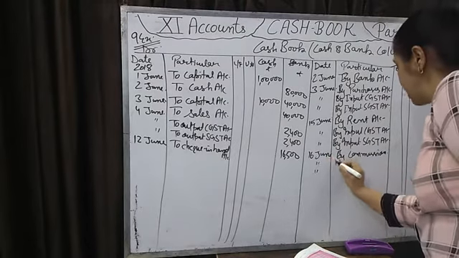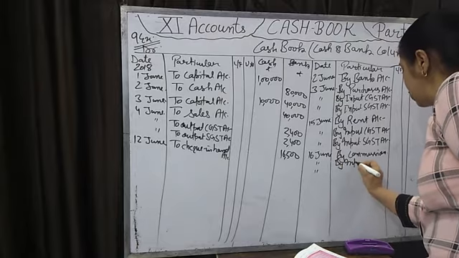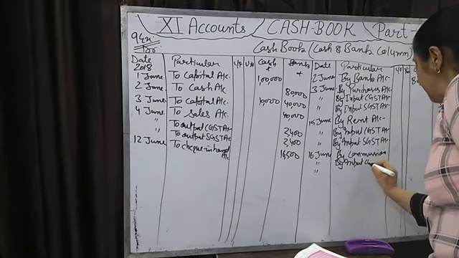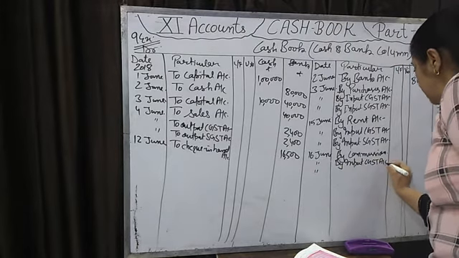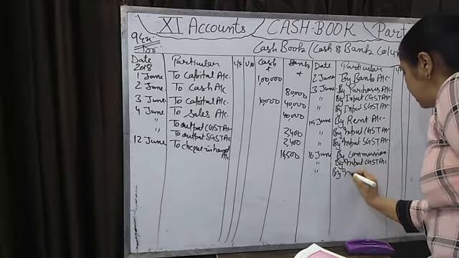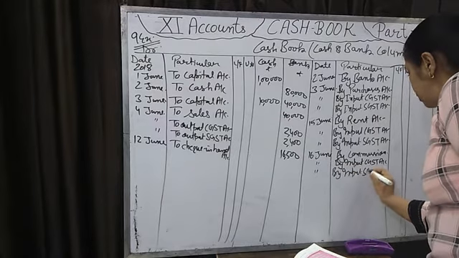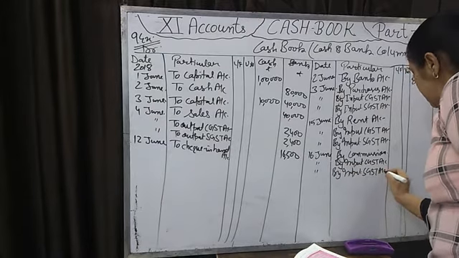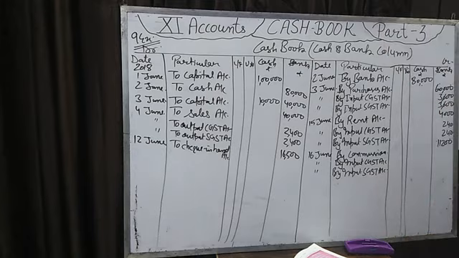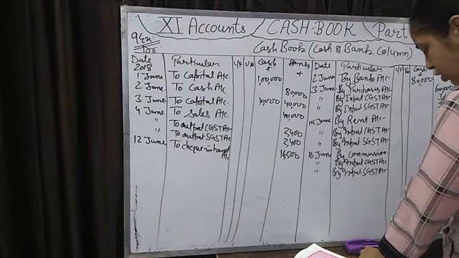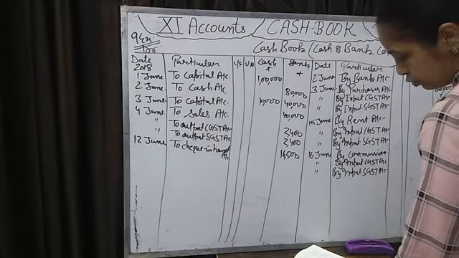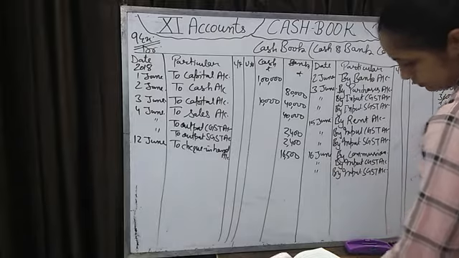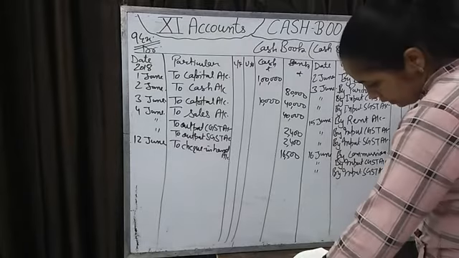And we are paying GST also with this. Paid GST, input means paid. That GST we pay is known as input CGST and input SGST. Then 6% of 11,200 amount.